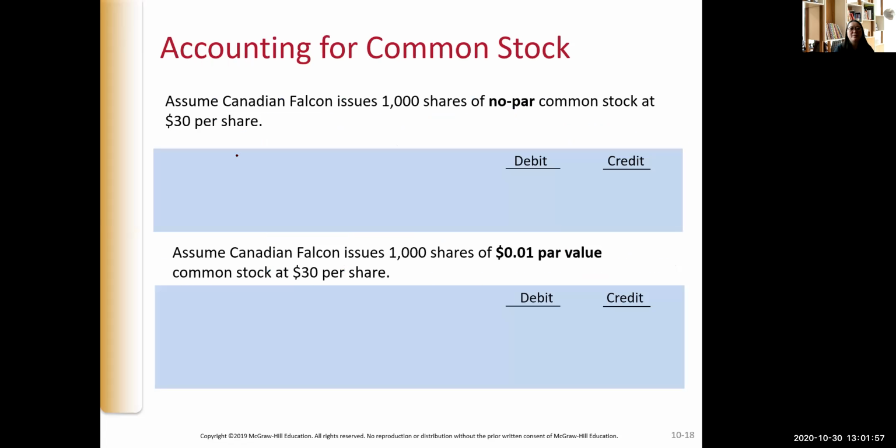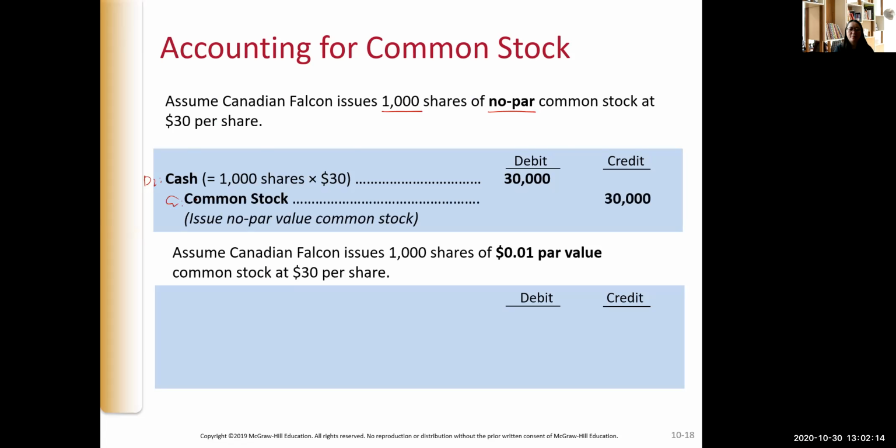Let's look at the example. Assume that Canadian Falcon issued 1,000 shares of no par common stock at $30 per share. You will debit cash because when you issue shares, stockholders give you cash, and at the same time they become your common stockholders, right? Then you will credit common stock, because there's no par value, so you directly credit the common stock account.